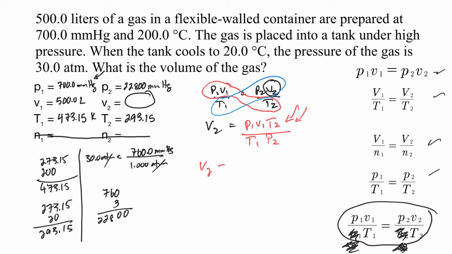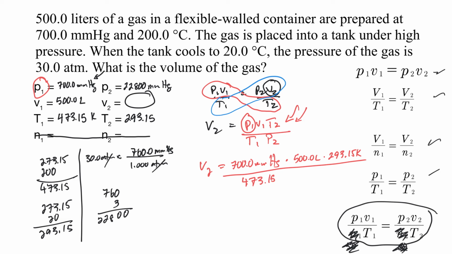Okay, so volume 2 is equal to pressure 1, and always go back and read off, match this with this. Okay, times V1, there's V1, 500 liters, times T2, 293.15 Kelvin, over temperature 1, 473.